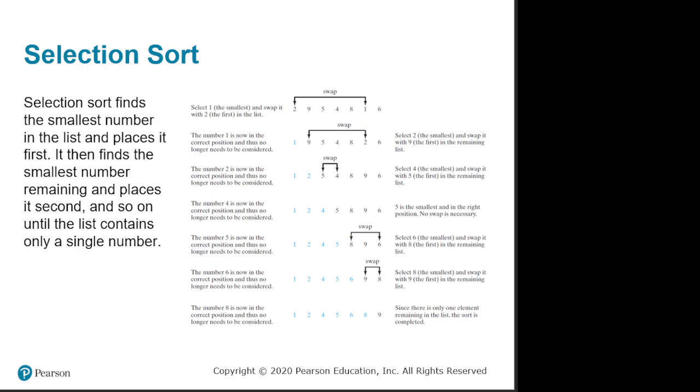Again, this is really common, i++, and so this is going to walk us through everything. Now, we're going to need some double that is the current minimum value. And right now, it's the thing in the ith position, because our first number, the first time we look at it, is the current minimum value. But we also need to know where it's at. So we need to index it, and that's going to be i.